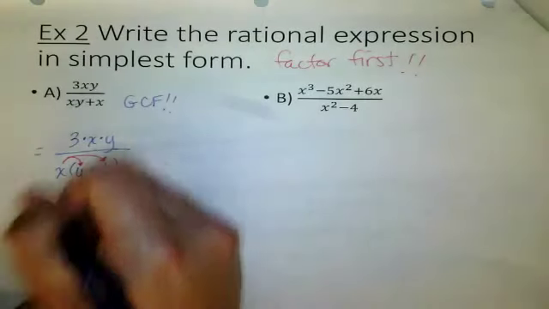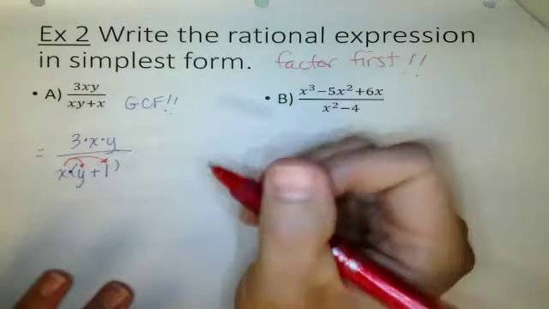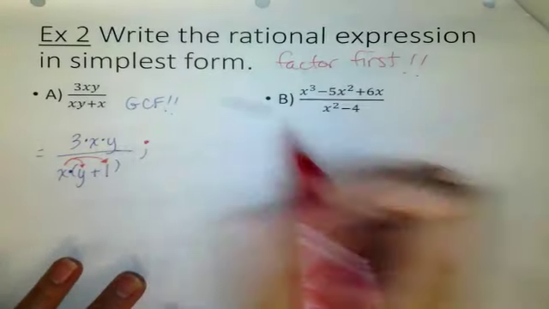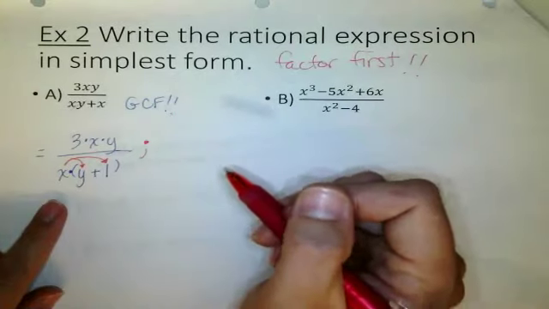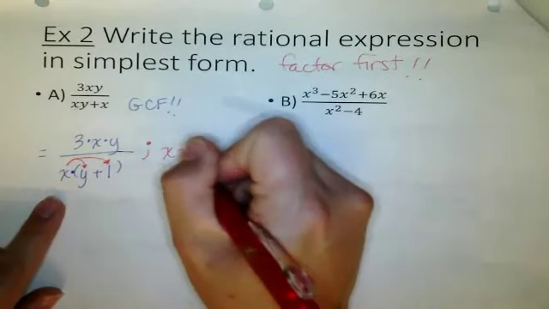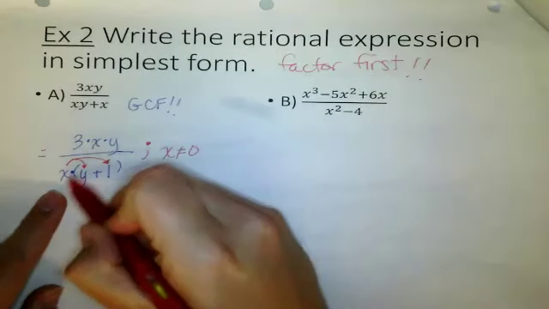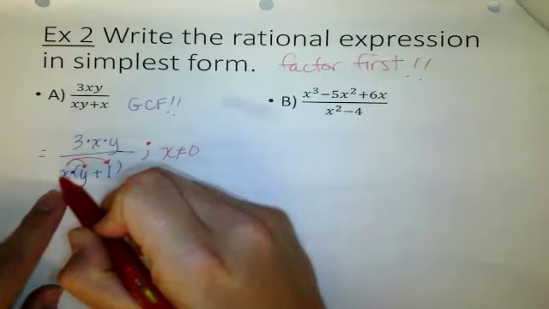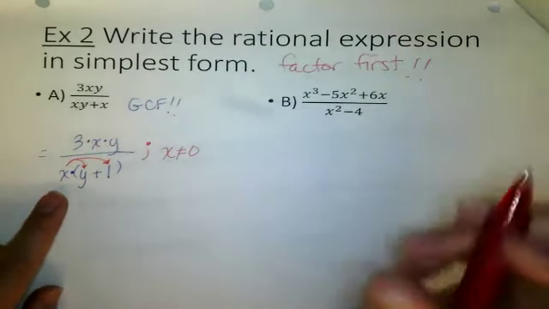Now that everything is connected by multiplication, now we can cross stuff off. But before I do that, I'm going to add in here what things don't work. X is not allowed to be 0. Why? If I plug in a 0 in place of that x, 0 times anything, I'd have a 0 in the denominator, which means we'd be dividing by 0, which is not allowed.